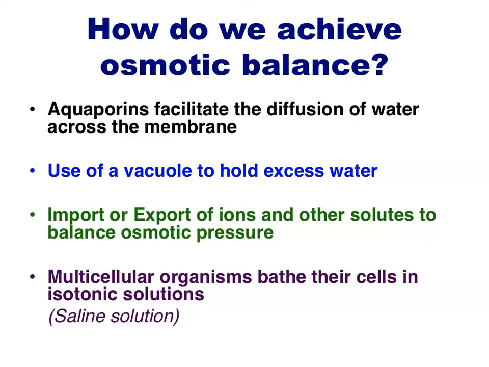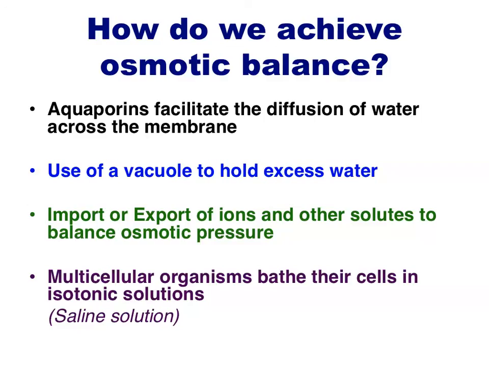Since osmosis depends on water moving towards a higher solute concentration, cells can import or export ions or other solutes to help change which side of the cell has the higher solute concentration. In our bodies, most of the cells do not have to worry too much about osmotic pressure, since our blood and interstitial fluids are normally isotonic to the rest of our cells.